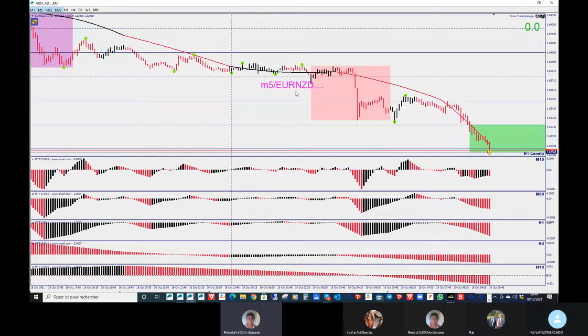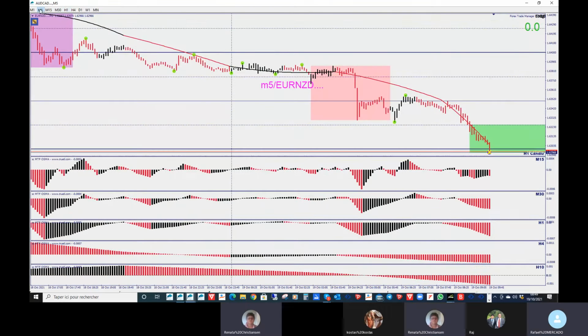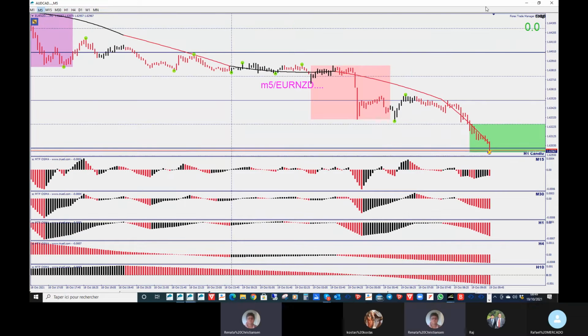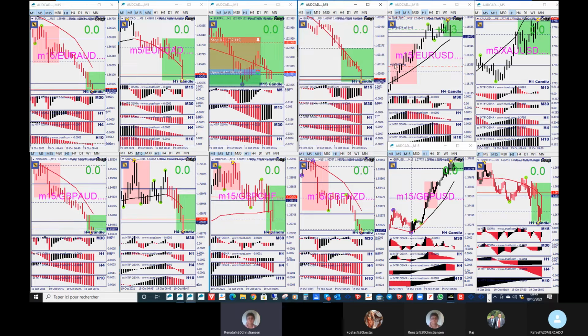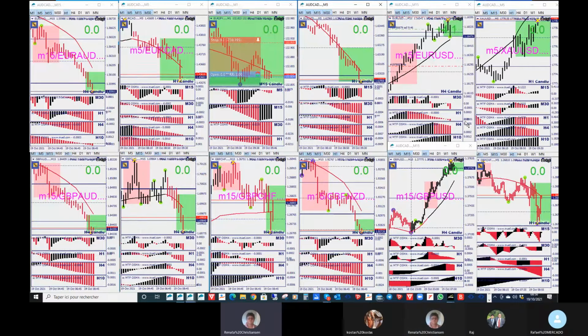I have an entry in Euro New Zealand, but you have 3 bars, the 1 hour. So a good entry in the Asian session. For the EuroCAD, you mean? Euro New Zealand, 70.